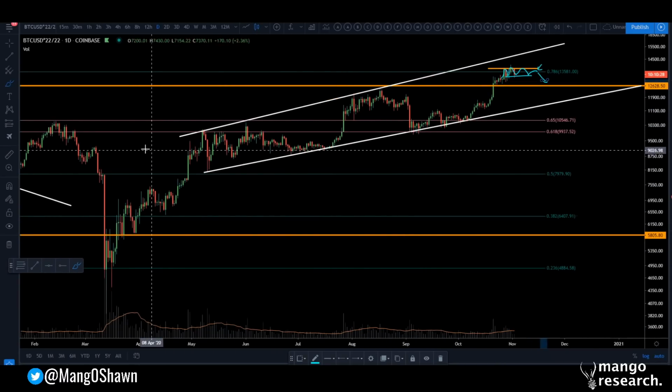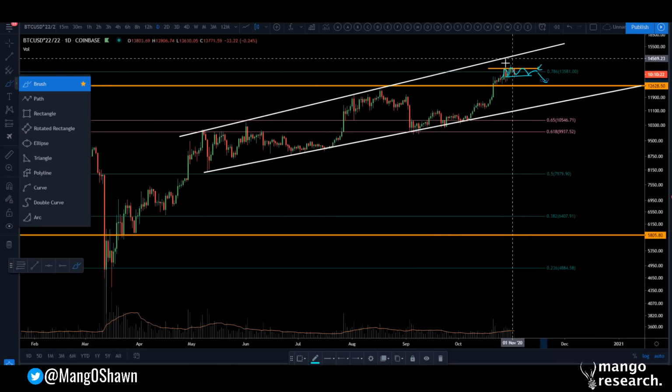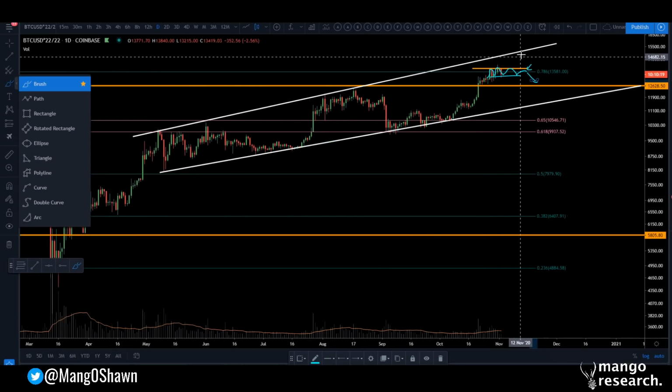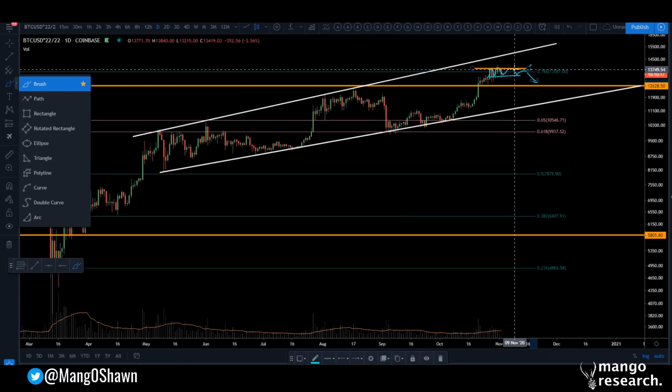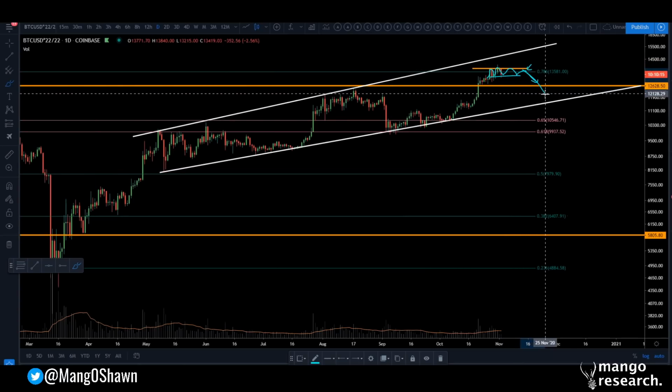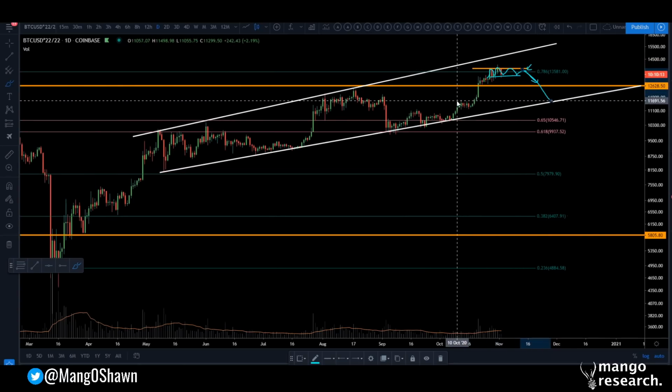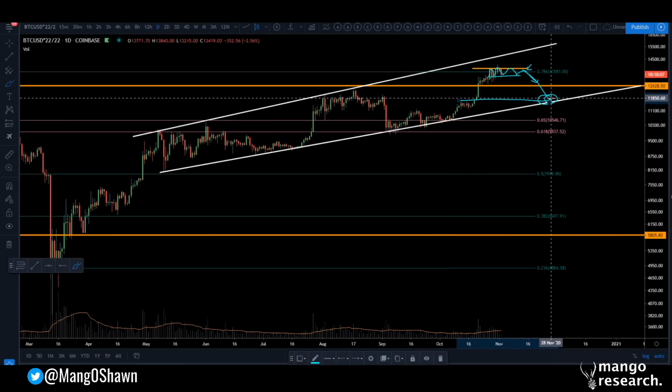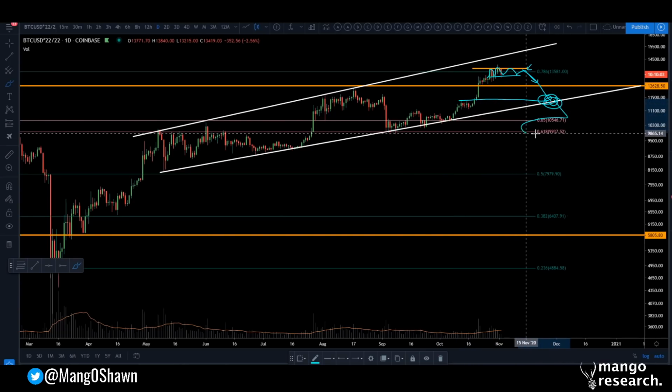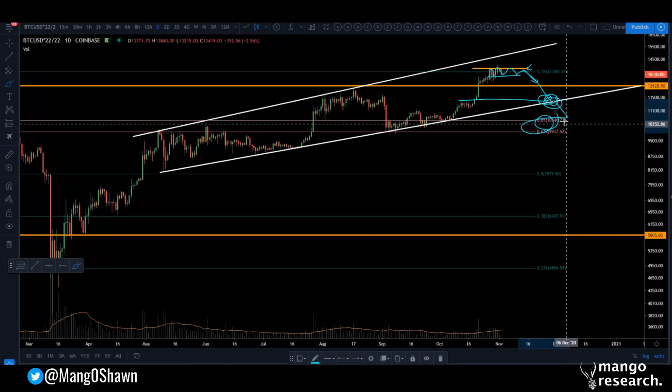We were looking at this broadening wedge, this broadening channel towards the upside, and we said that we were looking somewhere around here, perhaps all the way up to 16K, if Bitcoin actually got there, and then see that move down to that 11,700 region, where Bitcoin may pose another buy opportunity depending on what we do at this level. If we break this level, of course, we are invalidated and we're going to look towards this zone again for accumulation perhaps, or a bounce.